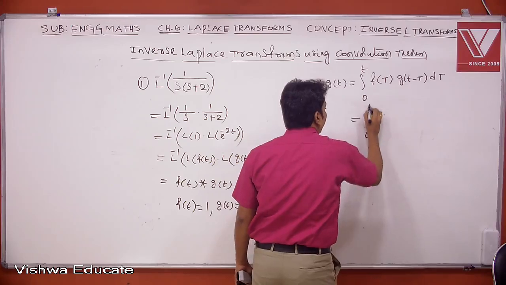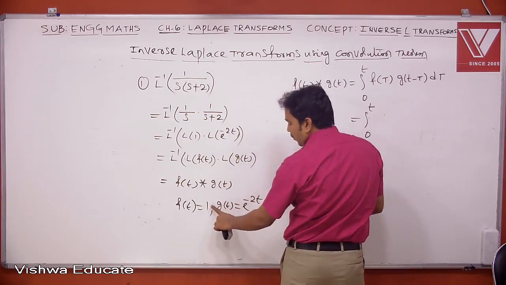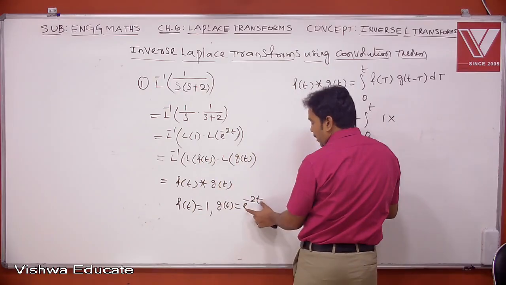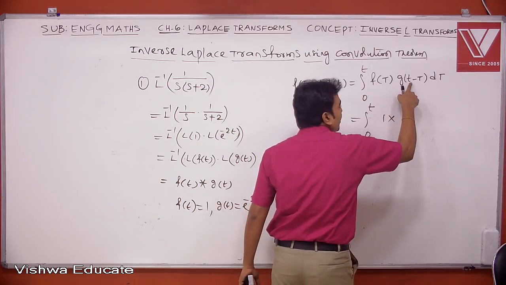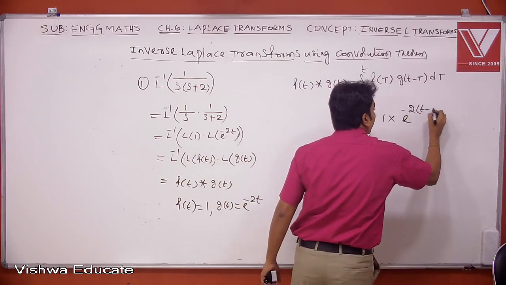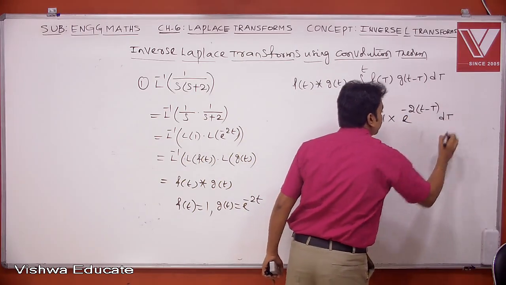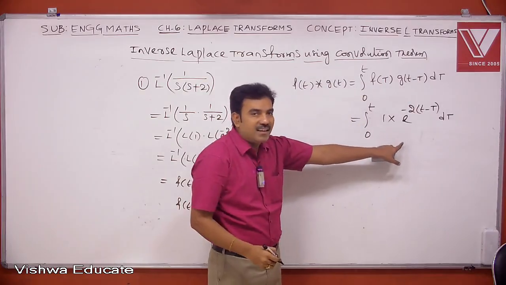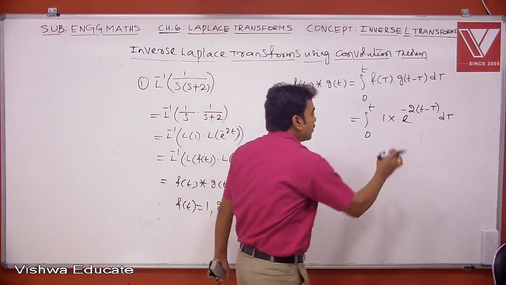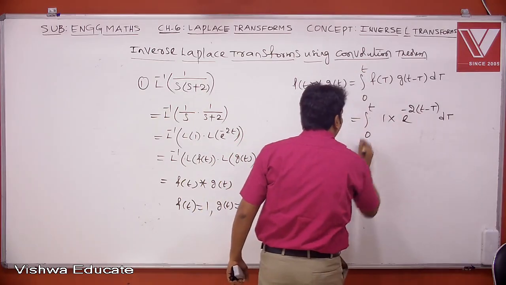So this is the integral from 0 to t. It is a constant function, so f of capital T is also 1. But g of t is e power minus 2t, so small t is replaced by t minus capital T: e power minus 2 into small t minus capital T dT. In this integral, capital T is the variable, but small t is constant. So e power minus 2t we can take before the integral.